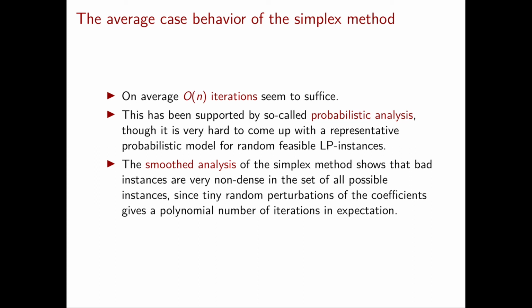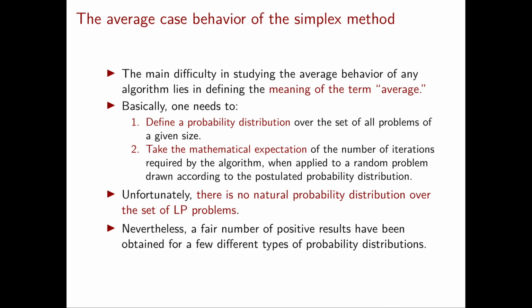And this is because a very small random perturbation of the coefficients of a linear programming problem gives rise to just a polynomial number of iterations in expectation. Now, these are very deep results, and I'm not going to go into any detail in discussing them. What I want to discuss, however, is the main difficulty in studying this average behavior of the simplex method.